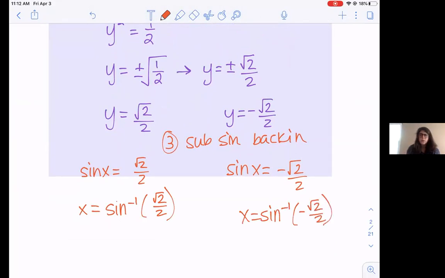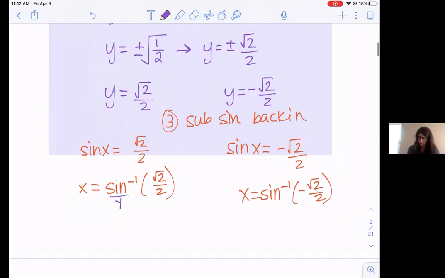Okay, so the sine inverse of square root of 2/2 is, I'm looking for a y coordinate that equals square root of 2/2, and I'm not using principal values because it didn't tell us to, and my sine is lowercase. So the angles that have a y value of square root of 2/2 are going to be 45 degrees and 135 degrees.